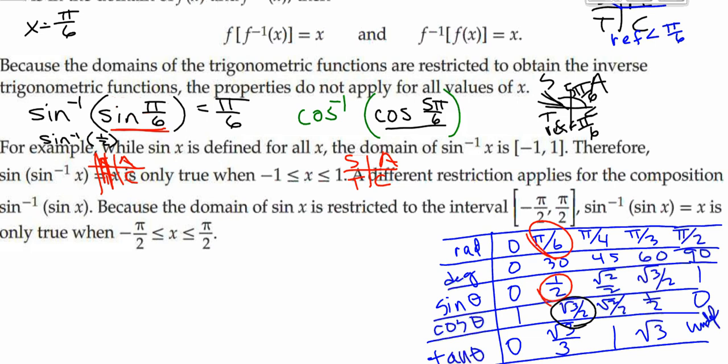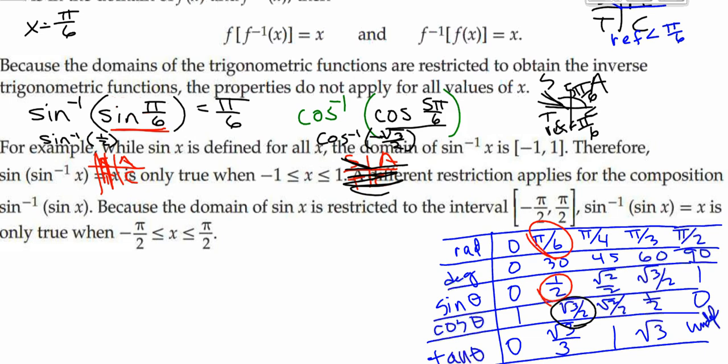Then when we go to the inverse cosine of negative square root of 3 over 2, if it's negative for cosine, the reference angle is either here or there. If it's positive, the reference angle is the angle. If it's negative, though, the reference angle is here, and it's this whole angle.